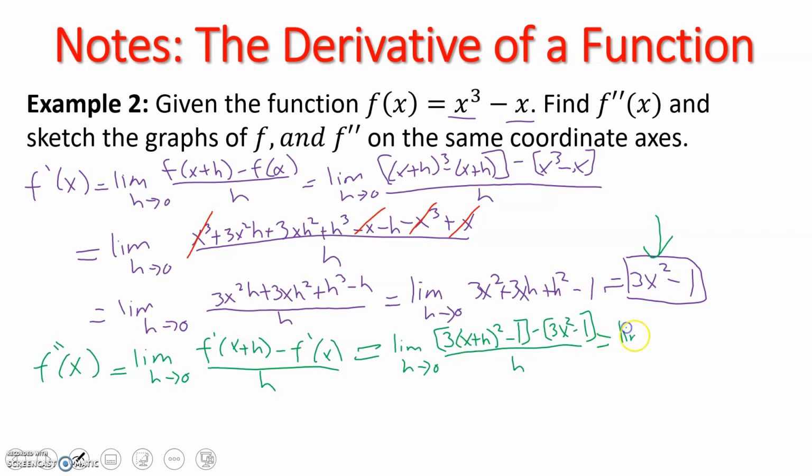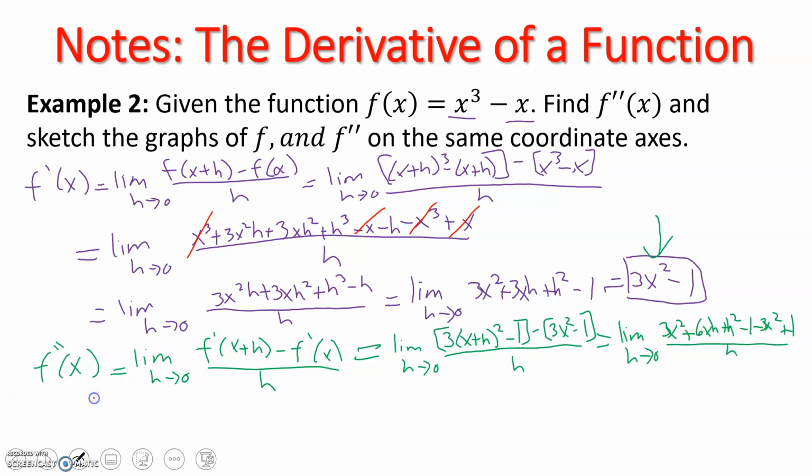which then becomes the limit as h approaches 0 of 3x squared plus 6xh plus h squared minus 1 minus 3x squared plus 1 over h.